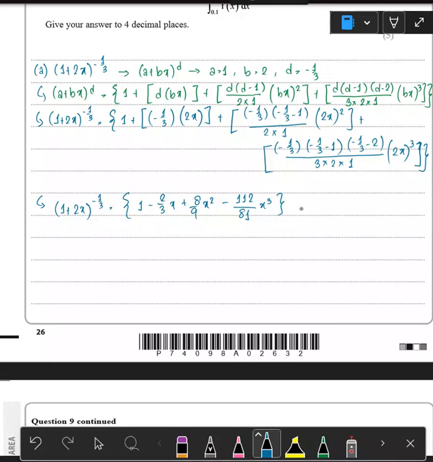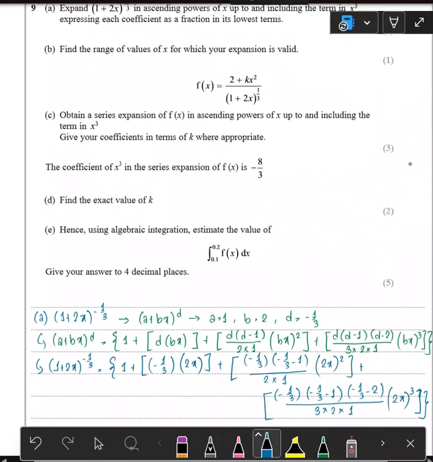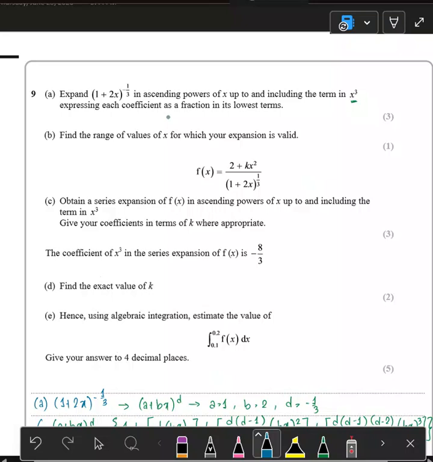And there is another thing that was written in the question, expressing each coefficient as a fraction in its lowest term. What they mean by that is that when you have a fraction like 4 by 2, this is a fraction, but this is not in its lowest term, as the numerator and the denominator are divisible. So we need a fraction where the numerator and the denominator are not divisible, like 1 by 2.